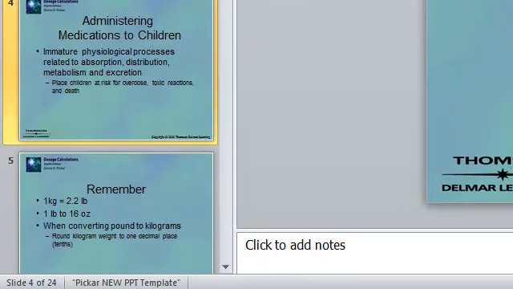They have immature physiological processes related to absorption, distribution, metabolism, and excretion. So we place children at risk for overdose, toxic reactions, and death.